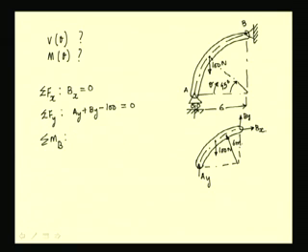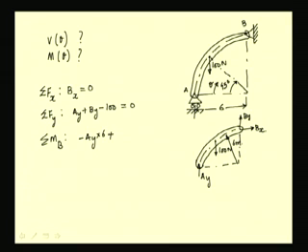So, the moment arm of this reaction AY is 6 meters, and this causes a clockwise moment about B. So, we have minus AY times 6, which is the moment arm. The 100 Newton force has a counterclockwise moment about B, which is positive.